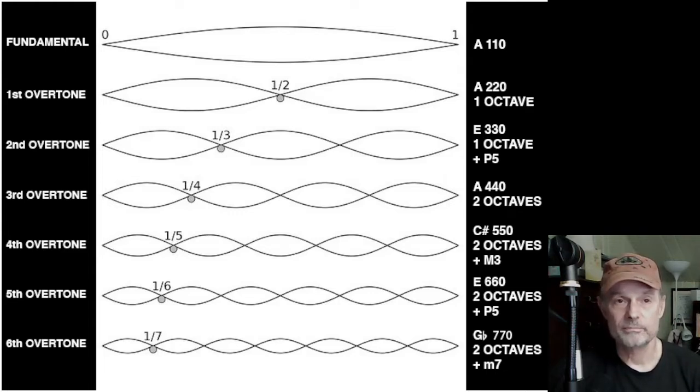D3. Our lowest D is in the fourth octave. G3, B3, E4. This would be C5 and would be the first note of the sixth octave.